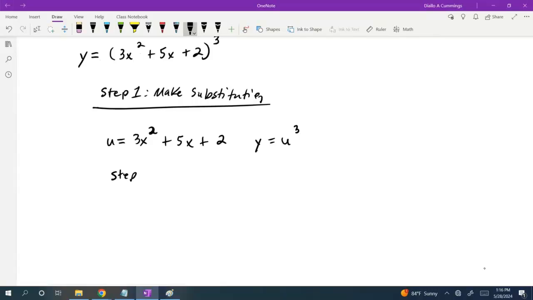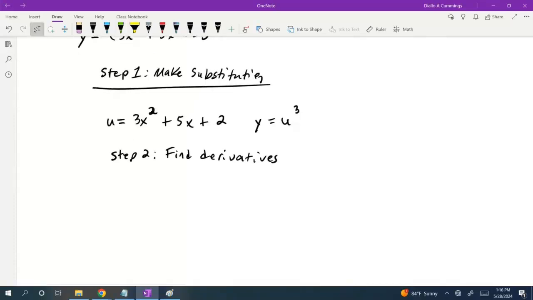Step 2 is to find the derivatives. So when I find the derivative for my innermost function, I want to find the derivative of u with respect to x.